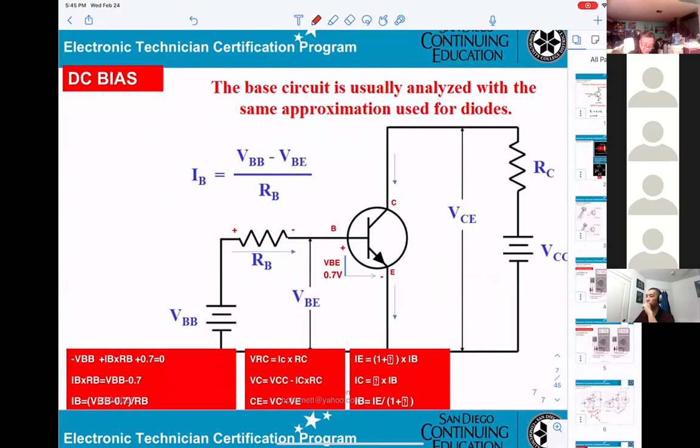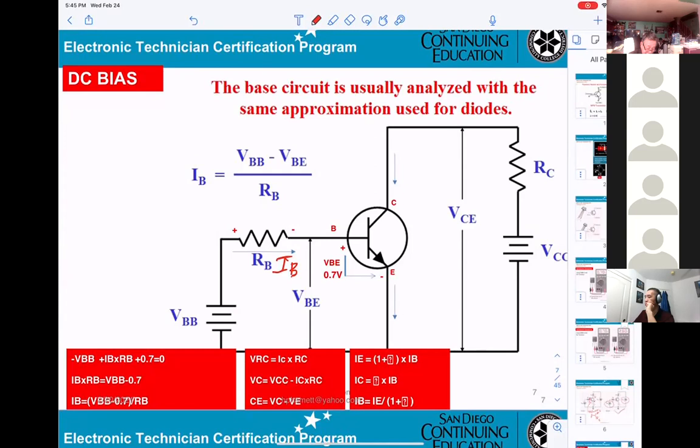So for this NPN here, if they want to calculate the current IB, that means the current flowing here, I'll show you how to draw the loop.